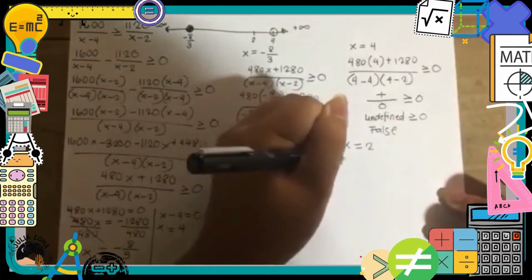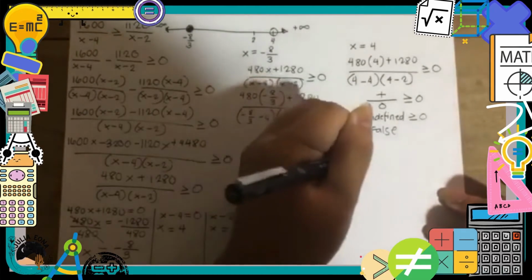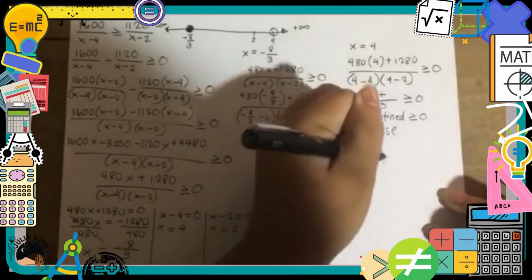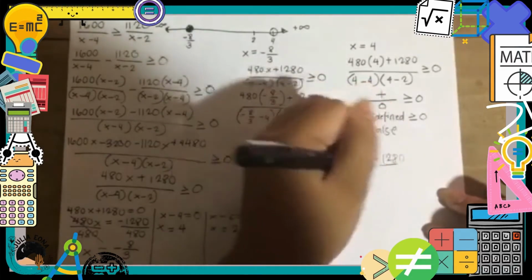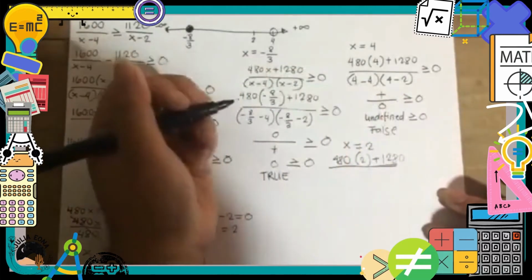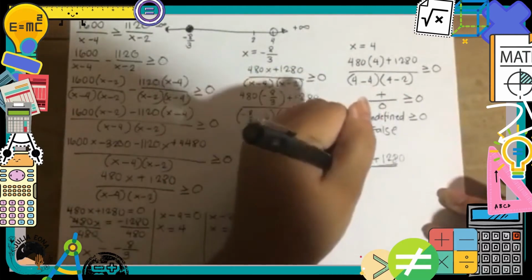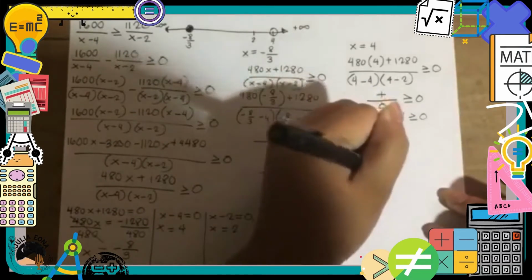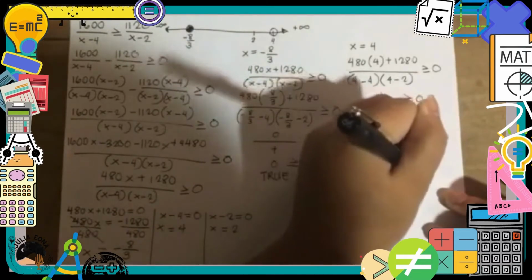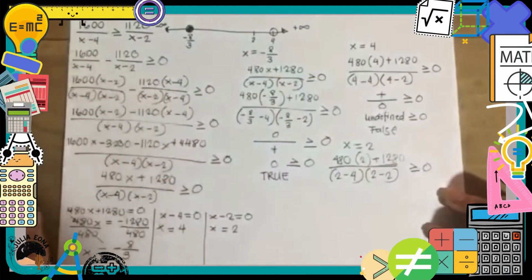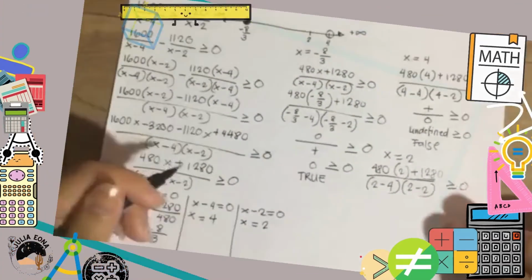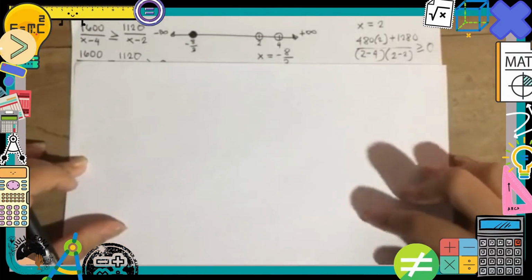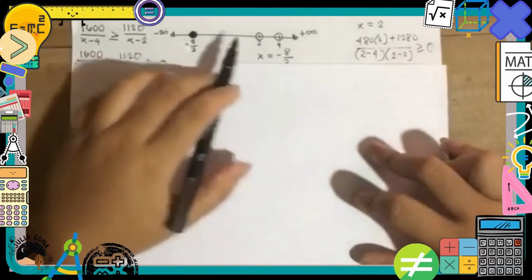So 480 times 2 plus 1280 over 2 minus 4 and 2 minus 2. This time, you can choose any value that you want as long as it is within this range.